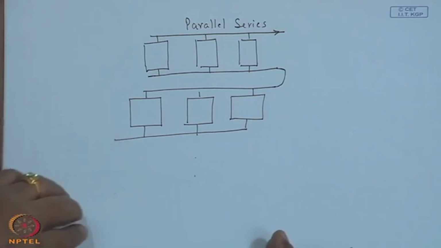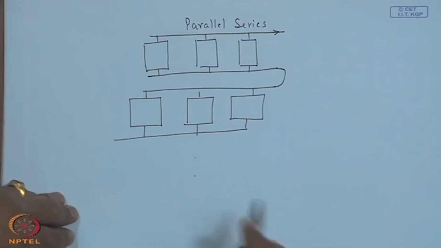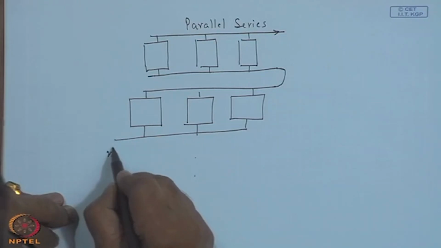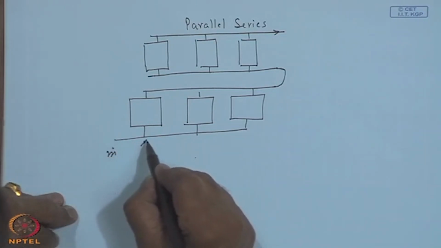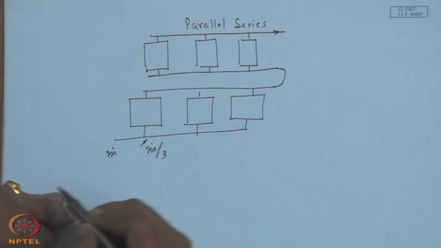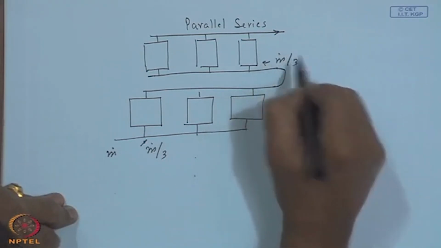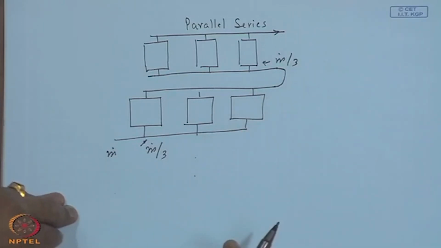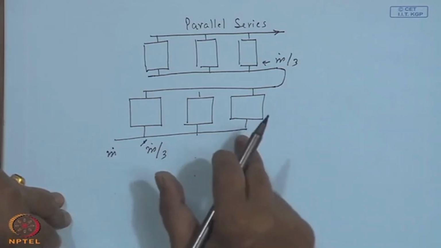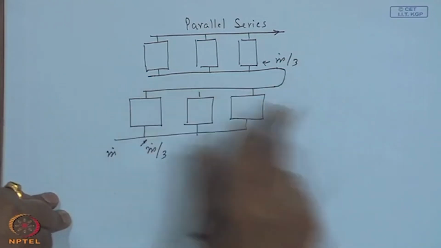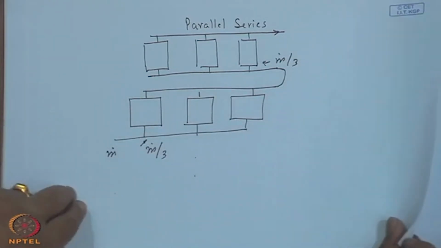Now, it is very difficult to say which one will have a higher pressure drop, but you can see that the total flow rate is m dot, but through each will be m dot by 3 and here also m dot upon 3 compared to m dot upon 2 in the previous case through 3 collectors. So, I can expect this to have a lower pressure drop, though one has to worry about the additional piping that this may require.